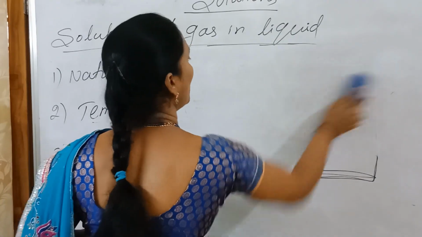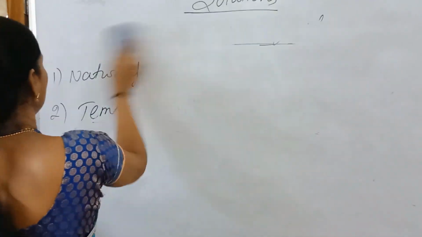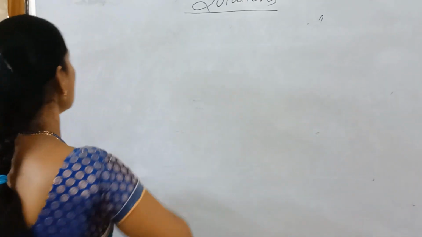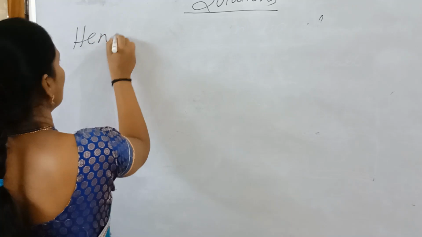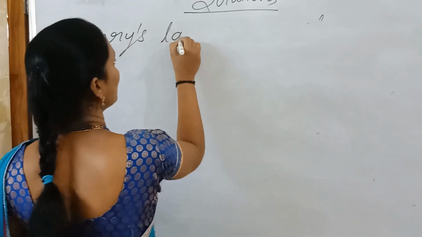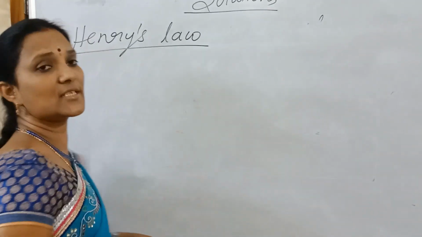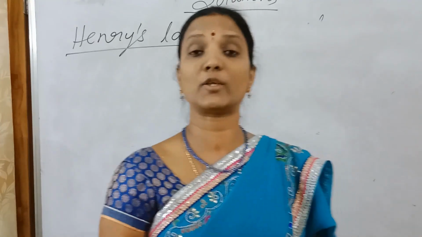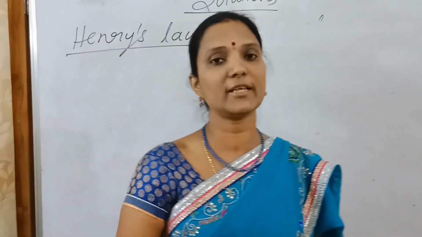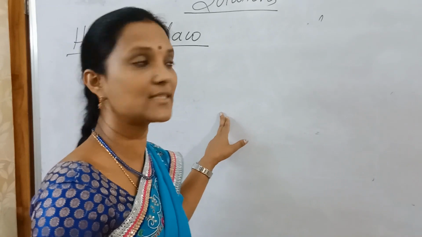So next one is Henry's law. What is this Henry's law? As the pressure increases, solubility of gas increases. So at constant temperature, the solubility of gas increases with an increase in pressure.